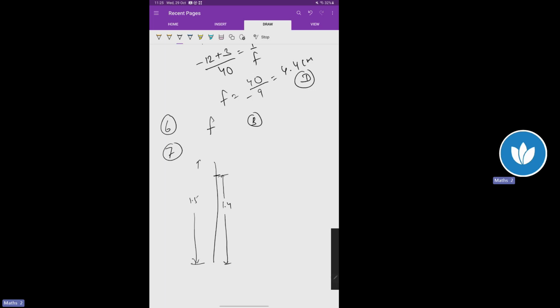Mirror length is 0.75 meter. The height of the lower edge of the mirror, the lower edge of the mirror is at 0.8 meter, and the size is 0.75 meter.